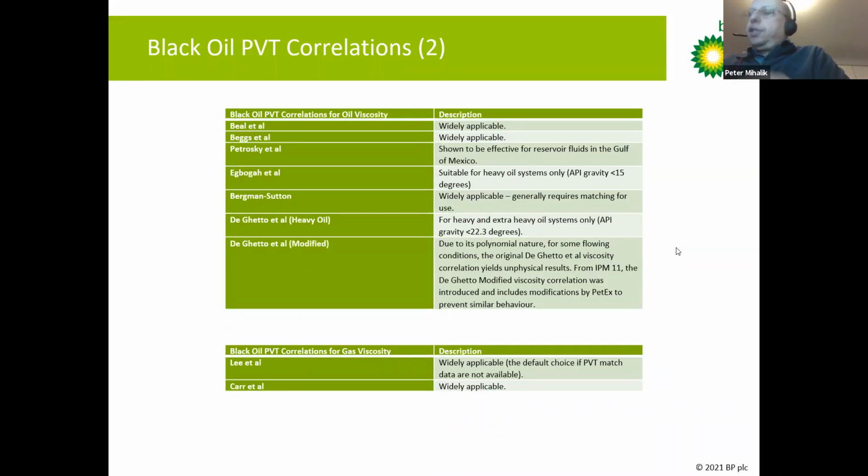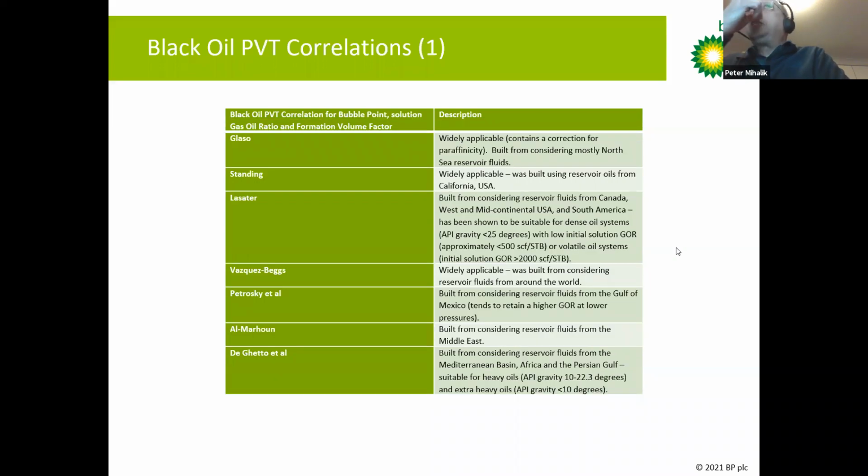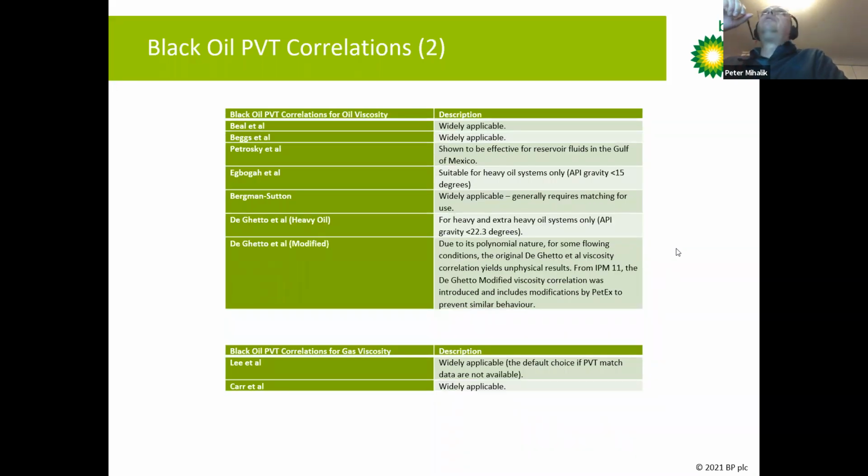And for viscosity, these correlations here are used to calculate a bubble point and solution GOR and formation volume factor, whereas viscosity is a separate choice, and you've got different correlations to choose for that purpose. Beal, Beggs, very widely applicable. Petrosky has been shown to be quite effective for reservoir fluids in the Gulf of Mexico. Egboga, that's a heavy oil correlation.